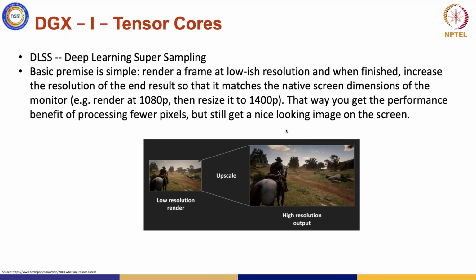That way you get the performance benefit of processing fewer pixels, but still get a very nice looking image on the screen. So this is how tensor cores are being used.